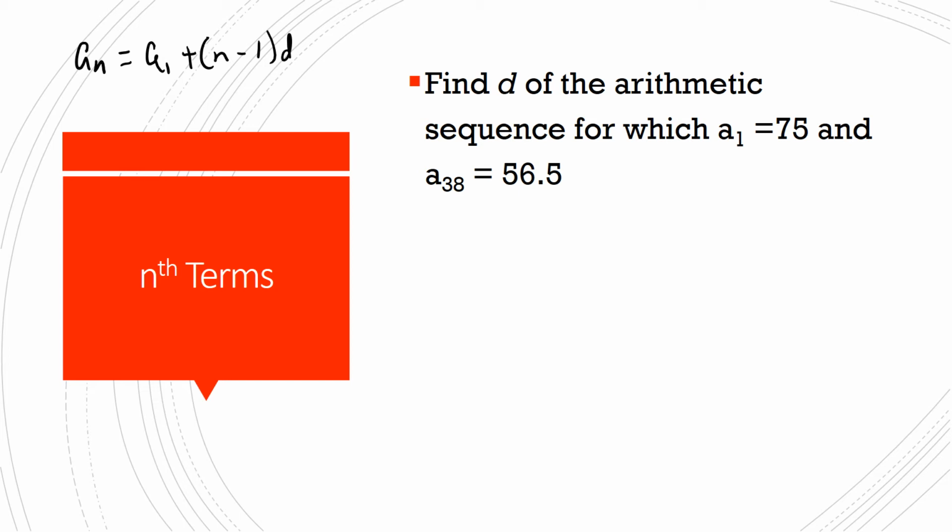All right, well, let's substitute in what we know. We're going to substitute a_n as a_38, which is 56.5, equals a_1, which is 75, plus n minus 1 times the common difference.